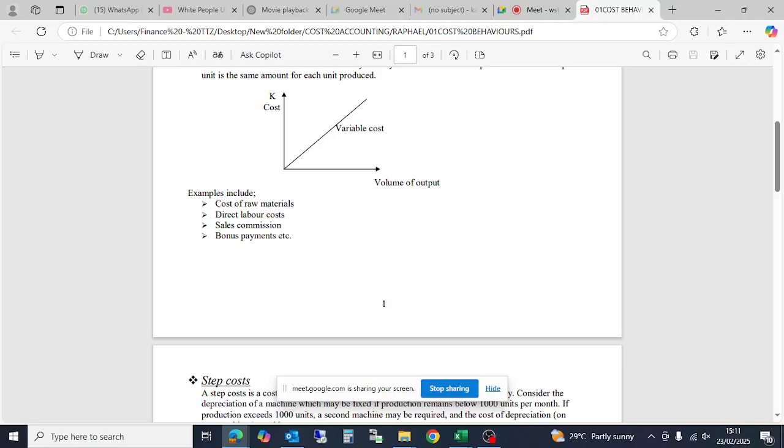But I'll go to the next one, which is step costs. Step cost is a type, but it's not really among the main ones. Let me put it like this: the main ones that you'll be seeing in all your papers, the entire ZICA manual, are fixed costs and variable costs. I'm sure you've cruised through a past paper, or the manual, or some ZICA documentation pertaining to cost accounting.